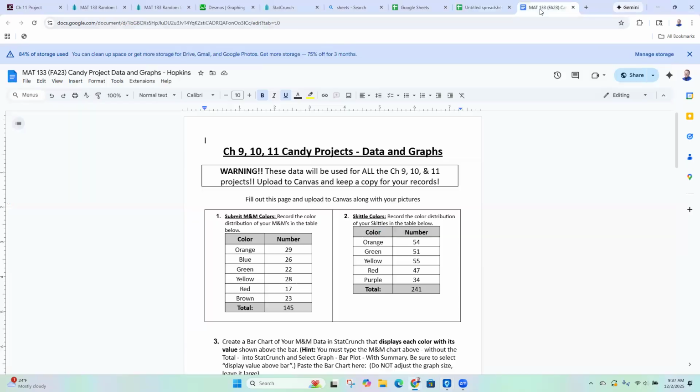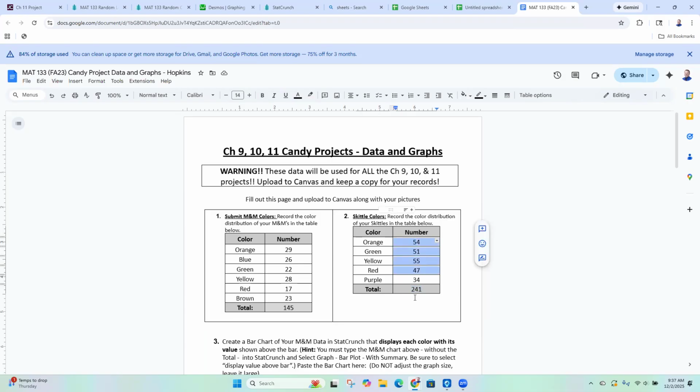And then for my Skittles, let's see, I had 51 green, 54 orange, 47 red, and yellow was 55, and my total is 241. Now, make sure you use the total of all Skittles, including purple, even though there's no purple M&Ms, because we don't want to just count these four.